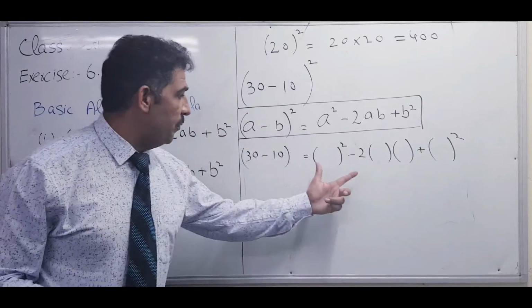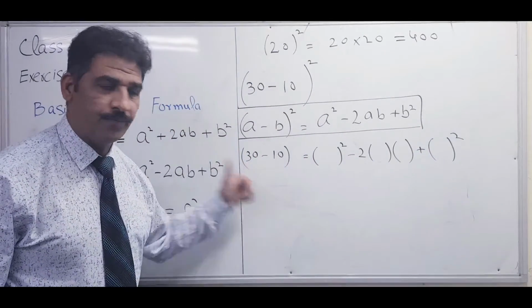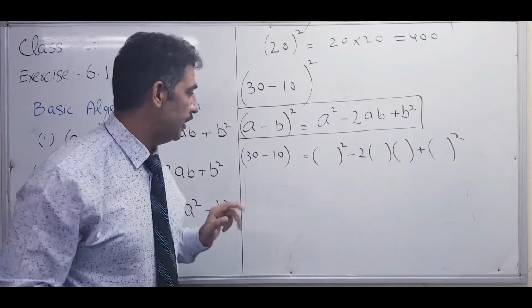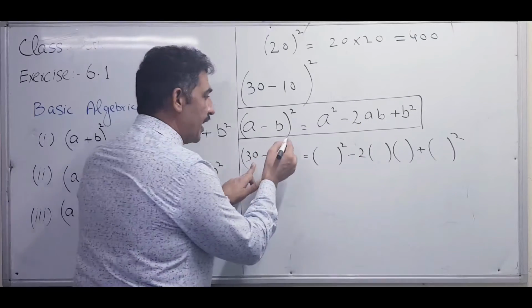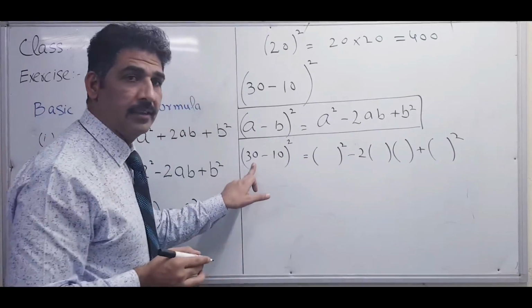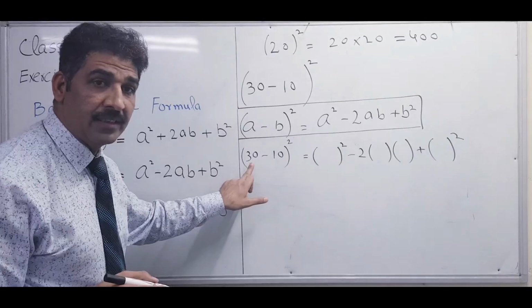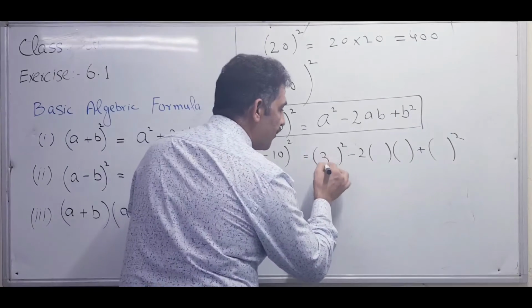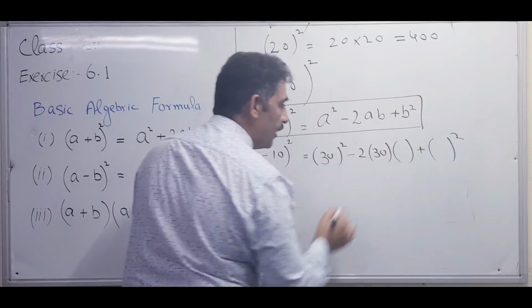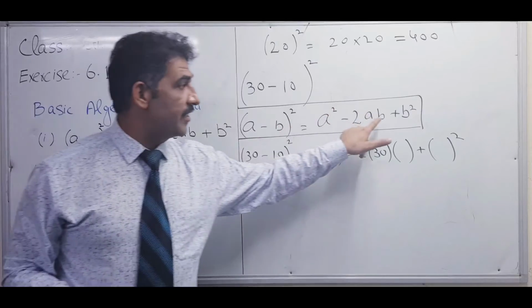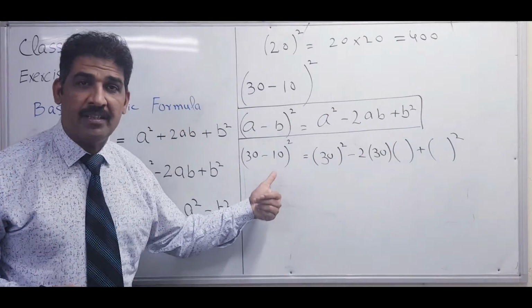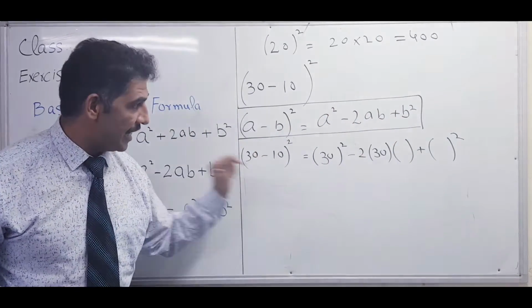In the first two brackets, write the first element, because here A and here A. So what is the first element? I forgot to write the square here. What is the first element? 30. So write here 30 and 30. In the second two brackets, put the second element. What is the second element? 10.